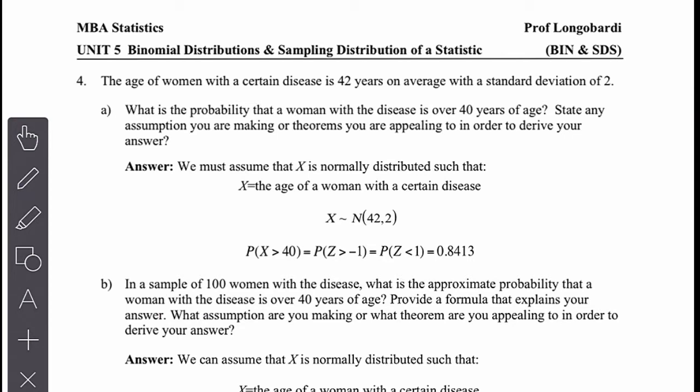You see P hat, you see P star, and you see P sub 0, which we actually call P naught, but you never see P. What is P? Let's recap what P is. P is the true proportion. It's the percentage of people who like the Democrats. It's the percentage of people who survived.